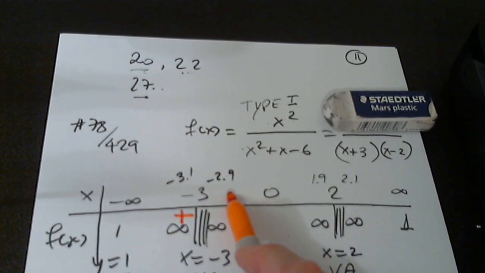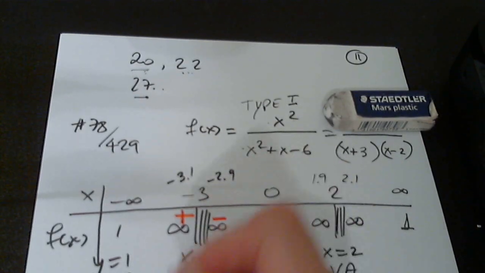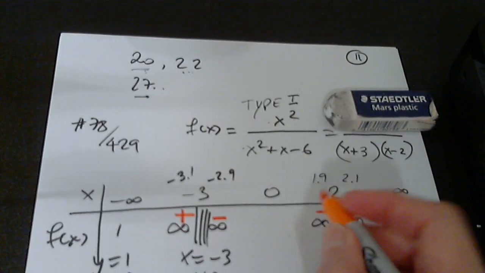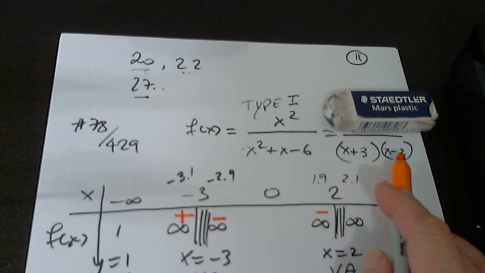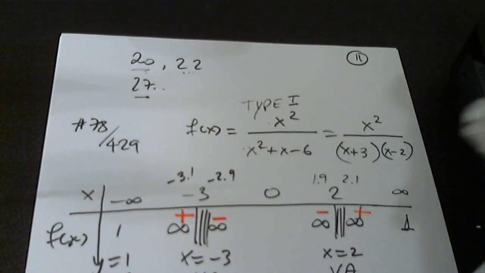With -2.9, positive but negative. With 1.9, positive but negative. And with 2.1, positive and positive. Don't waste your time with the numerator. It's always positive. It's not going to have any influence.